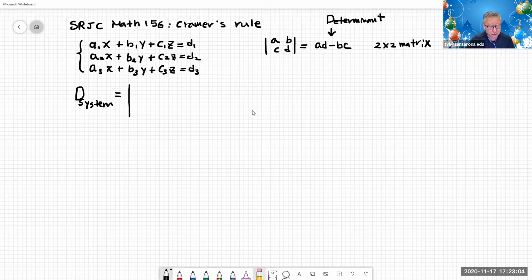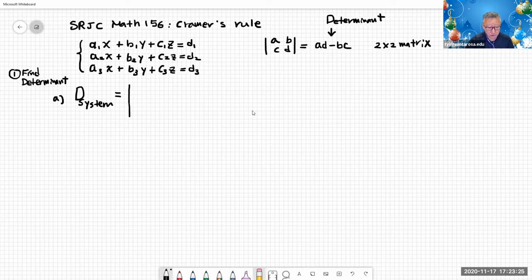So step one is find the determinant. Okay, so the first one is to find the system determinant.